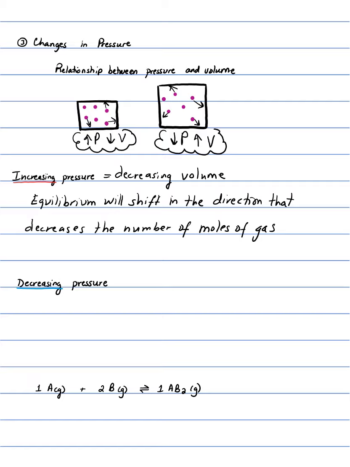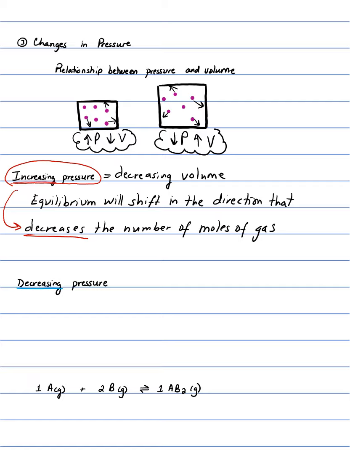So for example, increasing the pressure. If you're increasing the pressure by decreasing the volume of your container, the equilibrium will shift in the direction that decreases the number of moles of gas. If the equilibrium is shifted in the direction that decreases the number of moles of gas, now you will have a lower number of collisions and the pressure will go down.